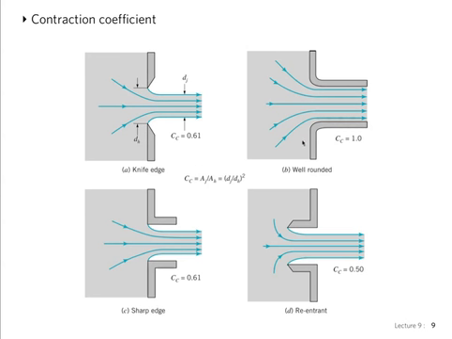If you have a very rounded, nicely rounded exit, then there won't be this effect of vena contracta, and you will in fact have a contraction coefficient equal to 1. If you have a sharp, what's called a re-entrant opening, like shown in this picture, so it's sharp in here, then that decreases the contraction coefficient to 0.5.